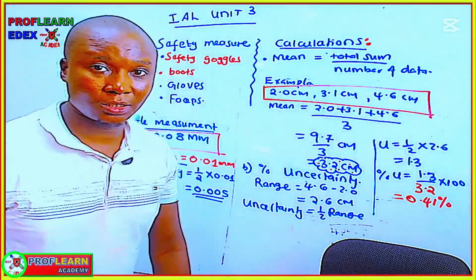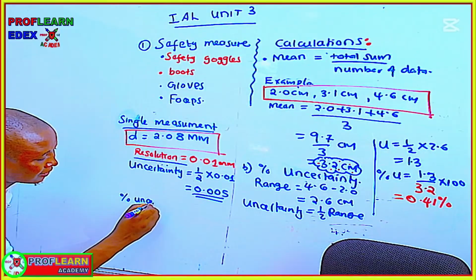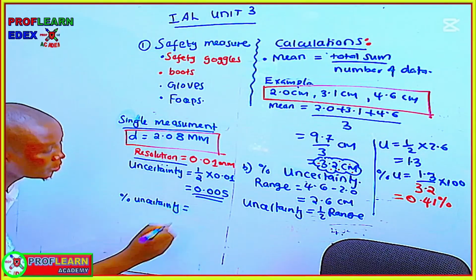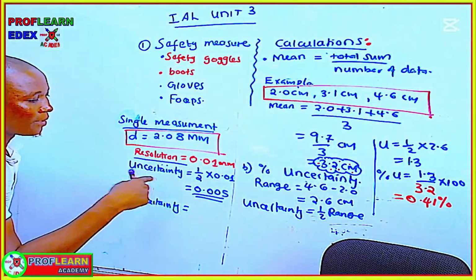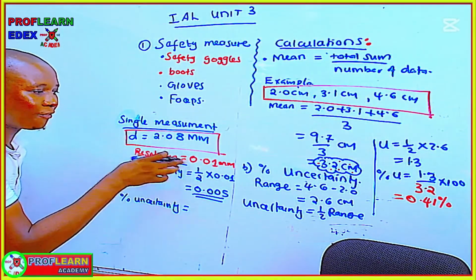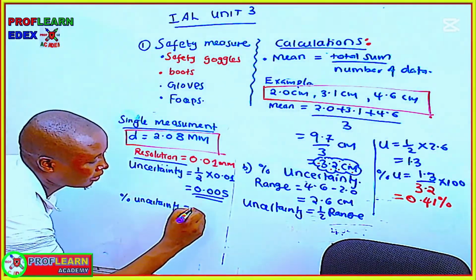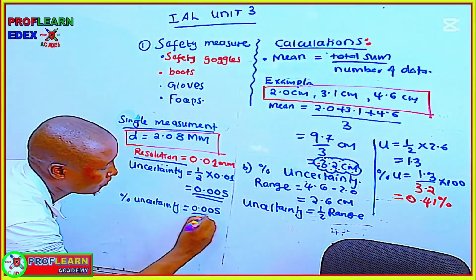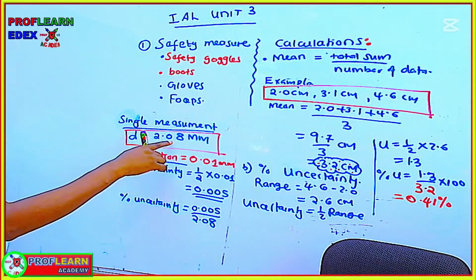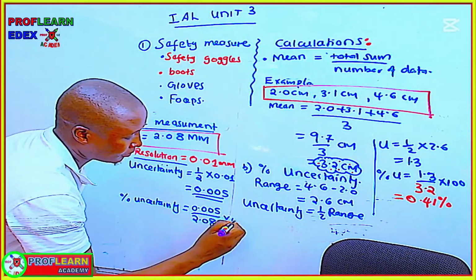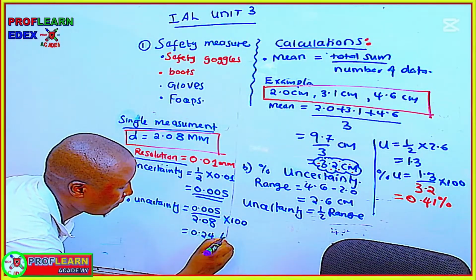Then for us to work out the percentage uncertainty, it is going to be equal to the uncertainty we got, which we get from a half of the resolution, and the resolution is the least unit of measurement. This is going to be 0.005 divided by 2.08, the measurement that was provided, times 100, which is 0.24%.